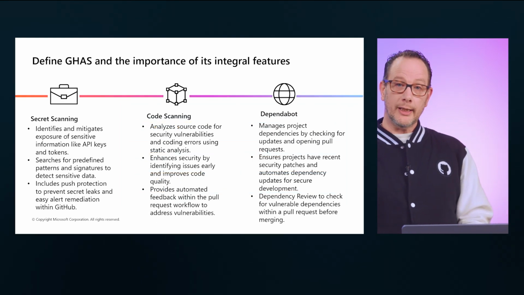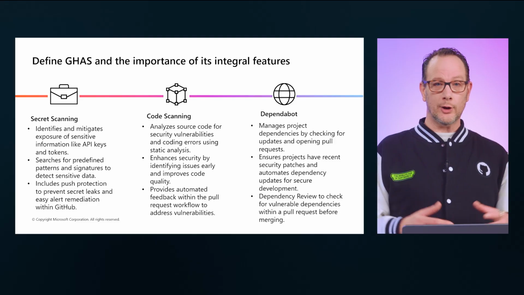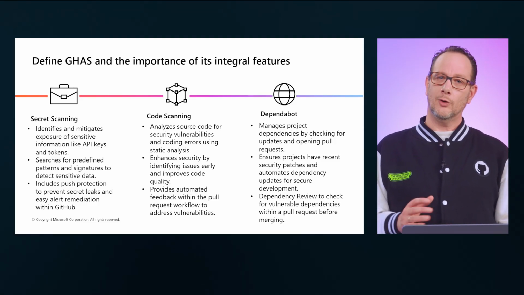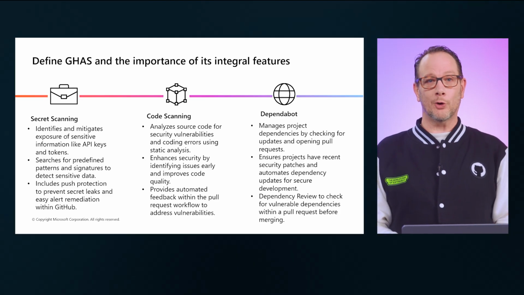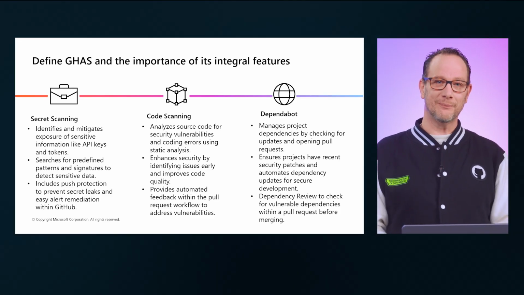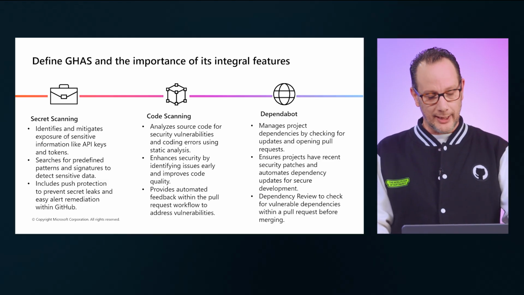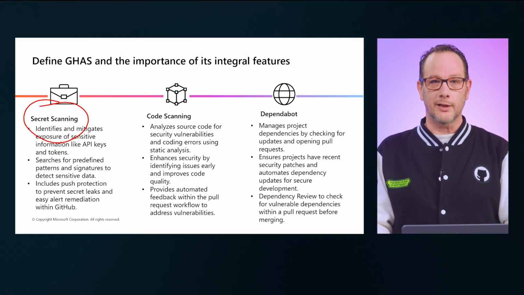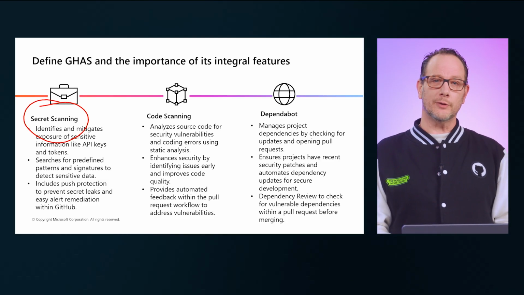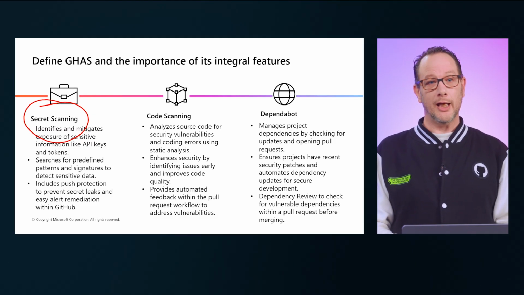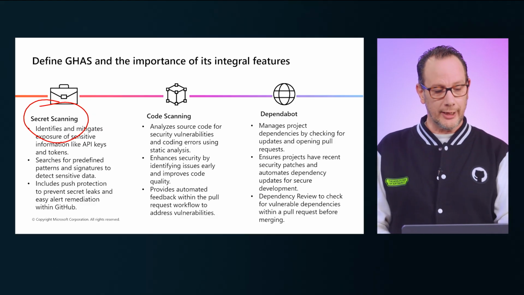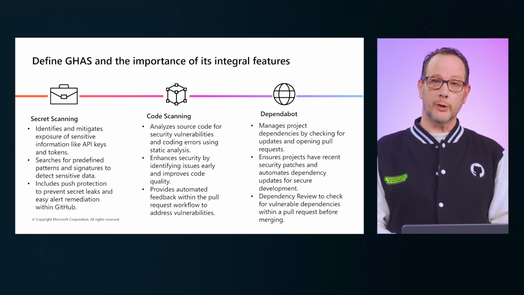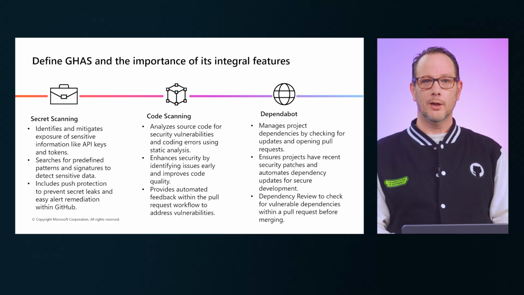Now let's have a more in-depth look at the 3 core GitHub Advanced Security components, without again sharing too much detail, or there is nothing more to cover in all the other modules. Secret scanning is a crucial security feature designed to identify and mitigate the exposure of sensitive information, such as API keys and tokens within the source code.